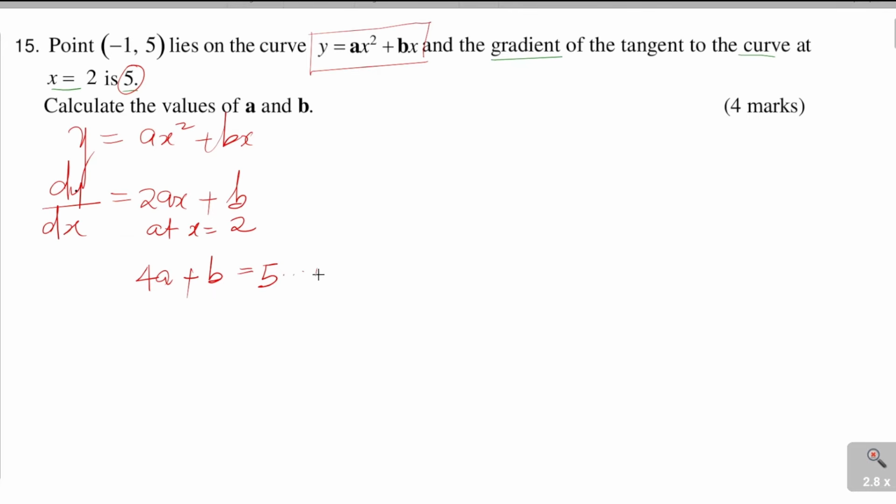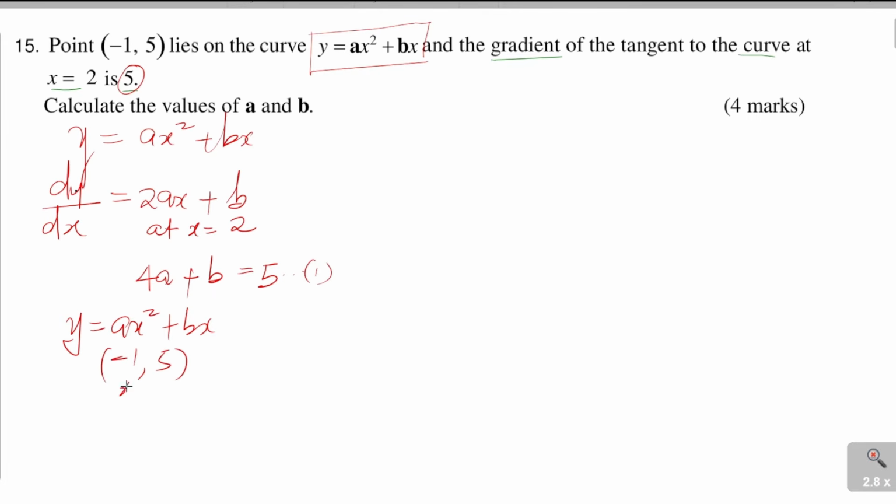Let's see if we can get another equation. Because you have two unknowns, you must have simultaneous equations to solve these. The other equation will come at this point. Point (-1, 5) lies on the curve. Since we have x and y, we use the function y = ax² + bx with this point (-1, 5).